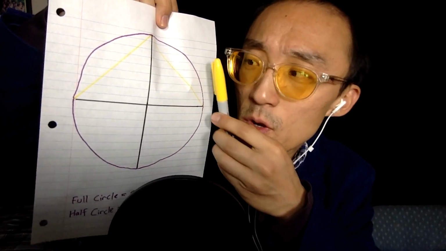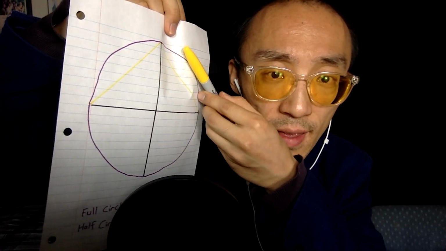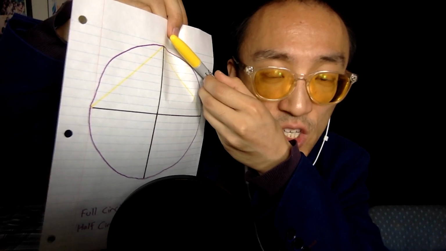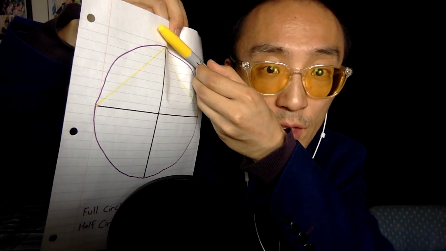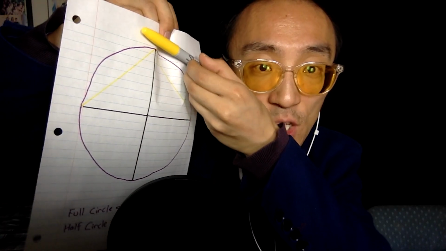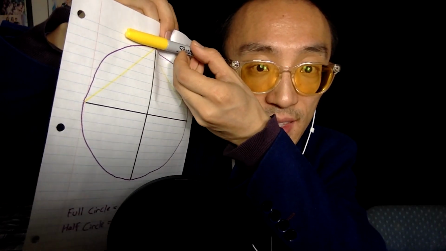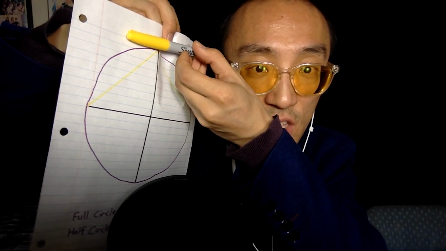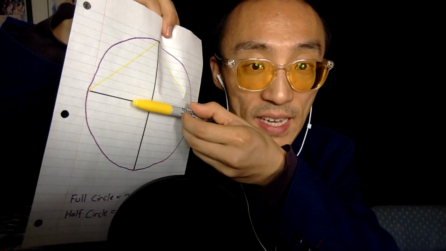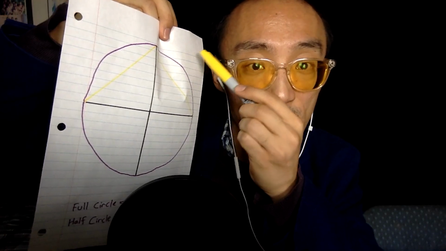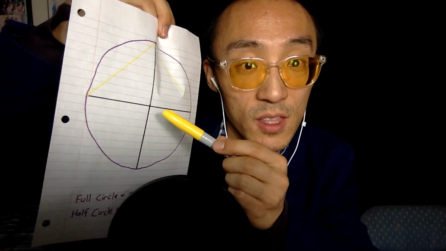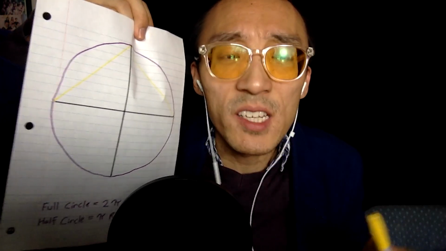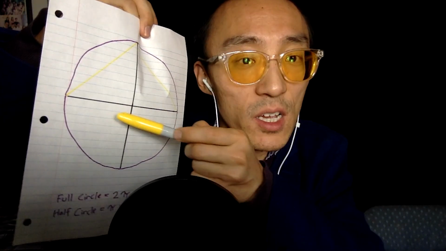So what you notice about this circle is we can have a tangent line, aka a line that touches one point of the circle. And as we go towards the very top, look at the tangent line. The tangent line becomes parallel to the base of the circle. Let's draw a tangent line on the top of the circle that's parallel to the base of the triangle. I might have said base of the circle earlier. Sorry, base of the triangle.